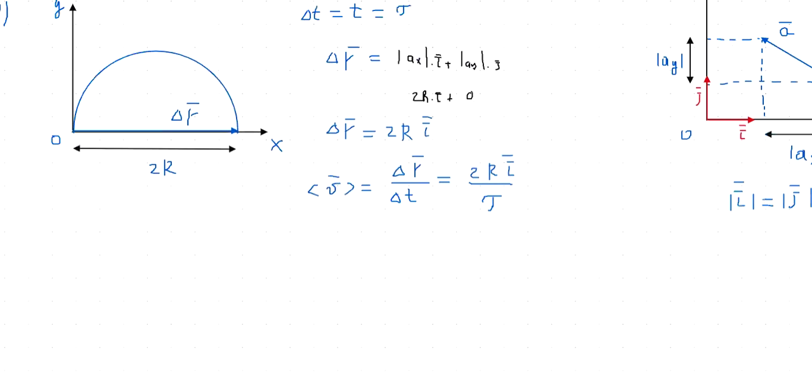So we need to find modulus of this vector. Modulus of this vector. So we have to find 2r i divided by tau. Okay, and how to find this?